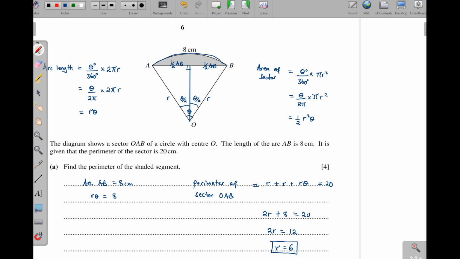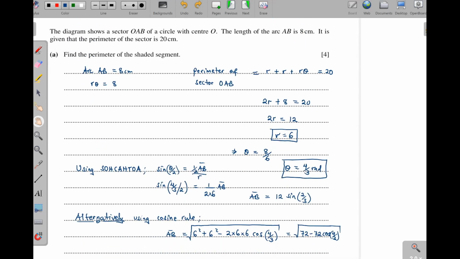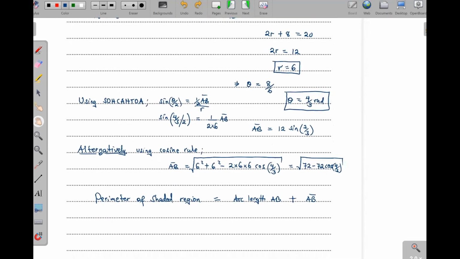We have this and then this. Remember, for perimeter, we sum up the lengths of the distances around the shape. So arc length AB was given as 8, and then this one we have gotten as 12 sine 2 over 3, or you can use this one here, right?